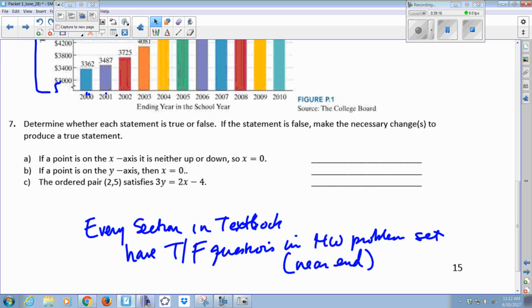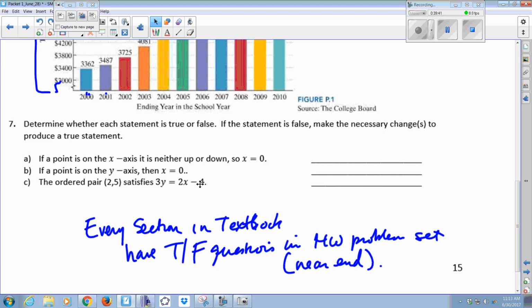So you could really best prepare yourself by making sure every time you do a section in the book, you go to your textbook, you look at the true-false questions, and you practice them. That's the best way, and often on tests, these true-false sections can be anywhere from 8 to 10 points. Okay, so let's take a look at the first one.